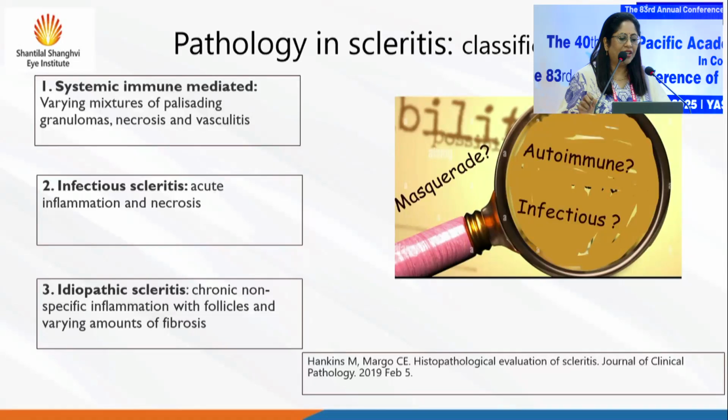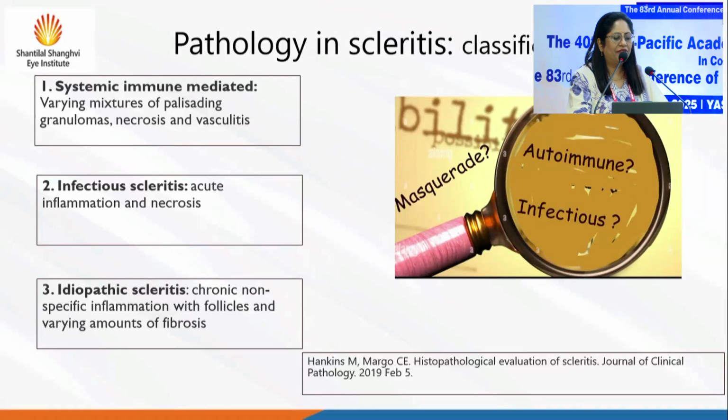The pathology in scleritis has been classified in an earlier paper by Professor Narsingh Rao and his group, where they took over 50 eyeballs of patients who had enucleation done for scleritis and looked at them. Another group wrote a review on it, which I'm quoting here. They divided pathology in scleritis as systemic immune-mediated, in which case under the microscope you're likely to see varying mixtures of palisading granulomas, necrosis, and vasculitis.